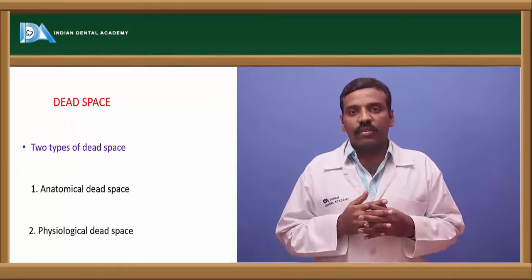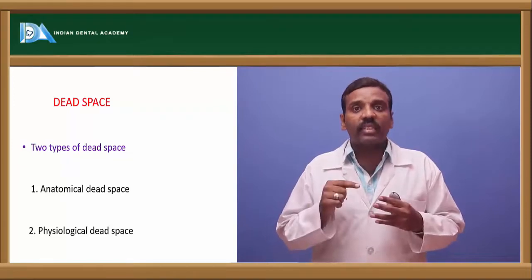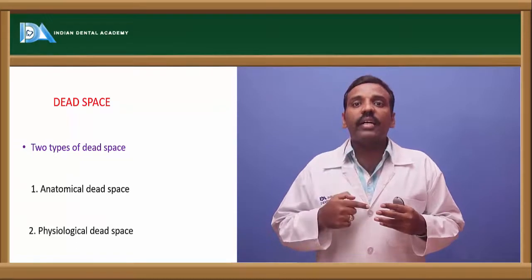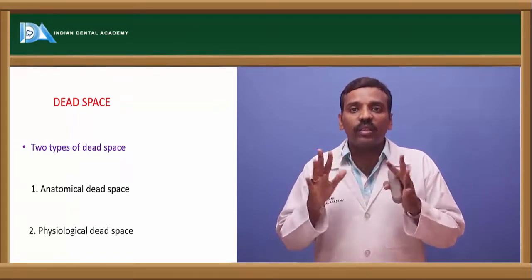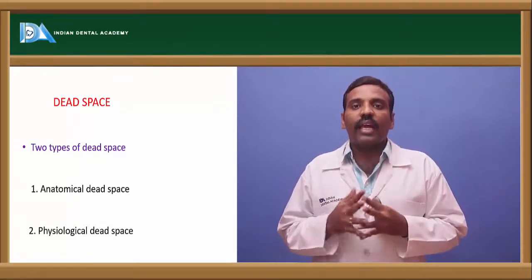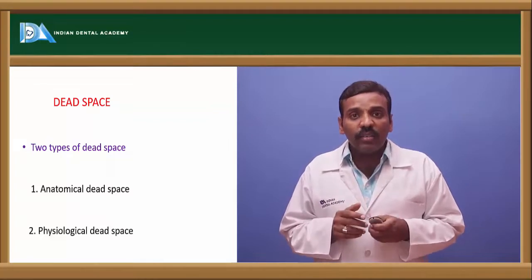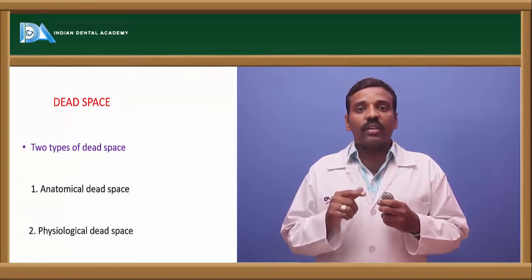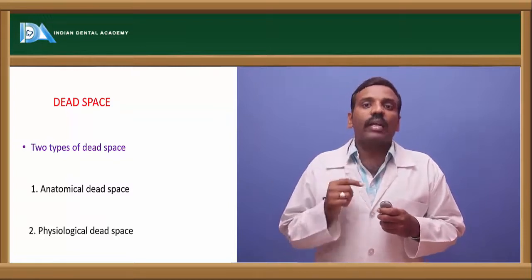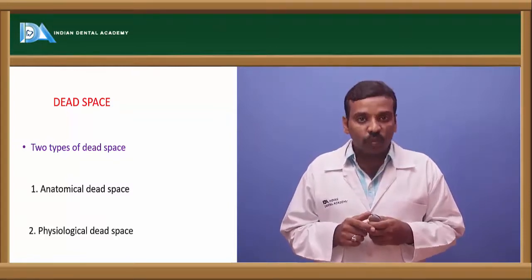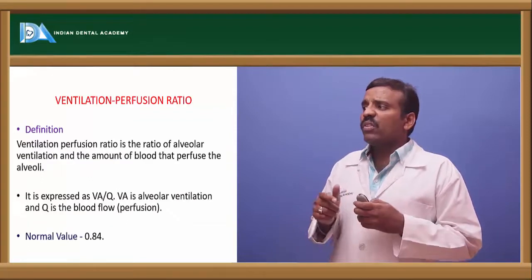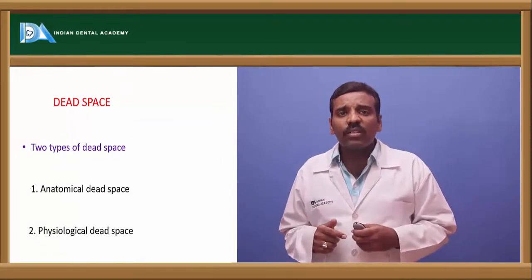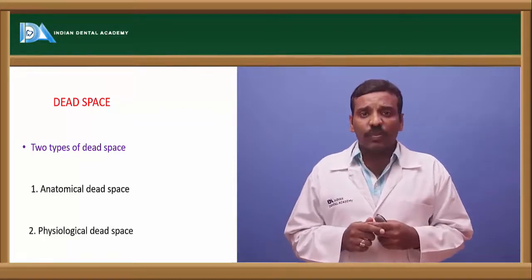The air present from the nose to the trachea is called anatomical dead space. And next one is physiological dead space. The physiological dead space includes the anatomical dead space also.